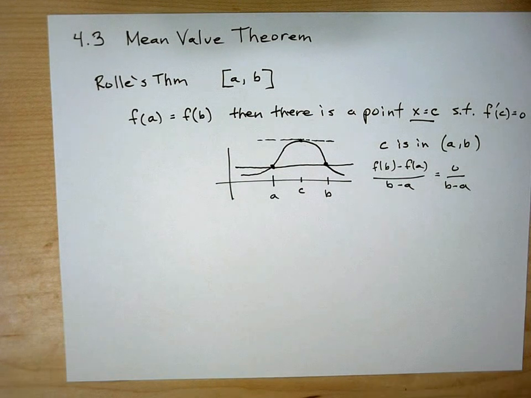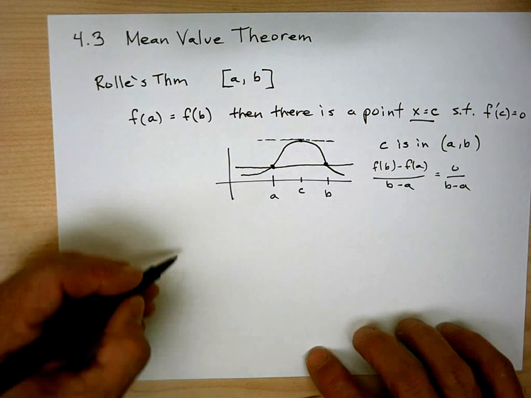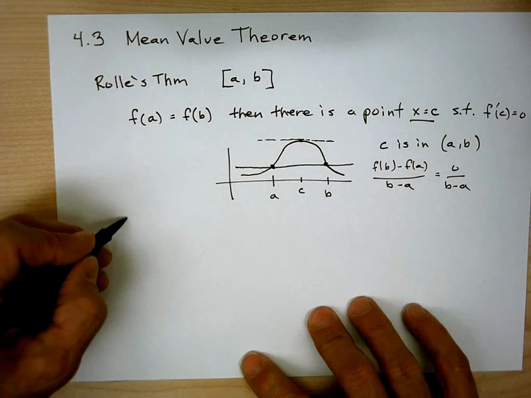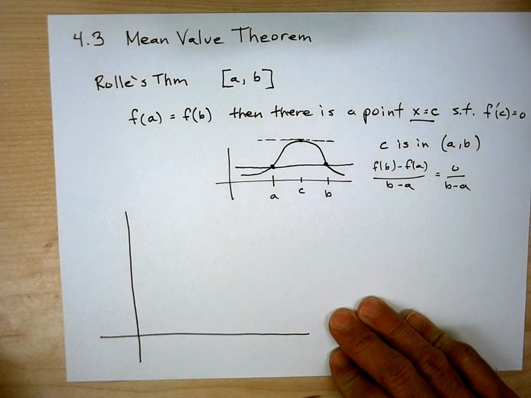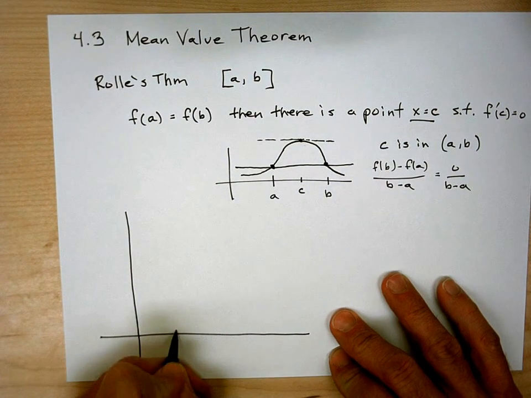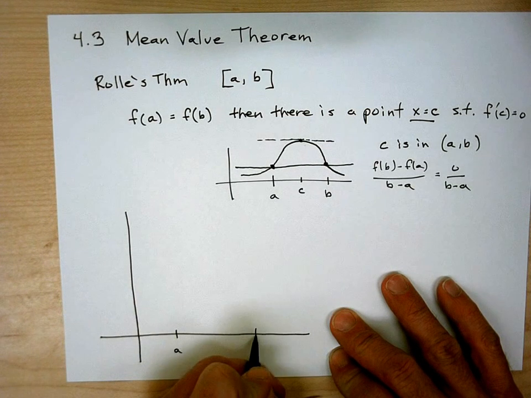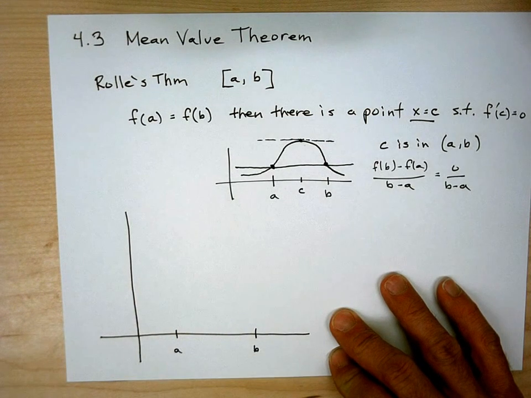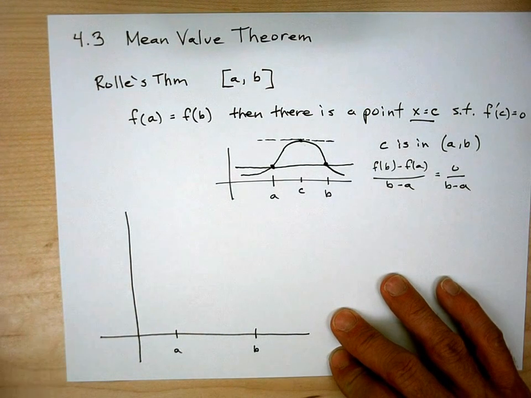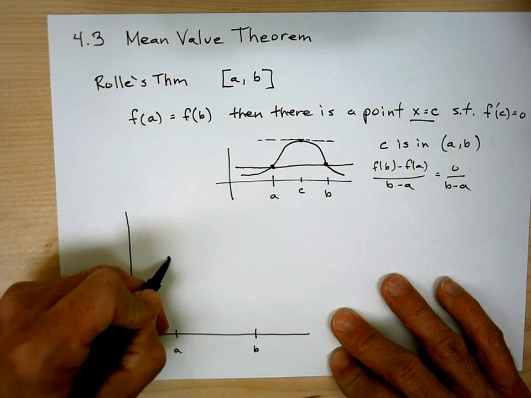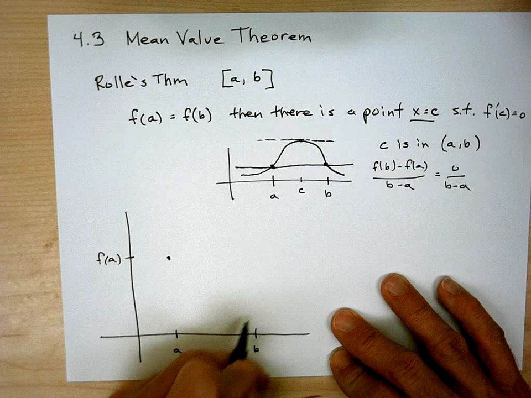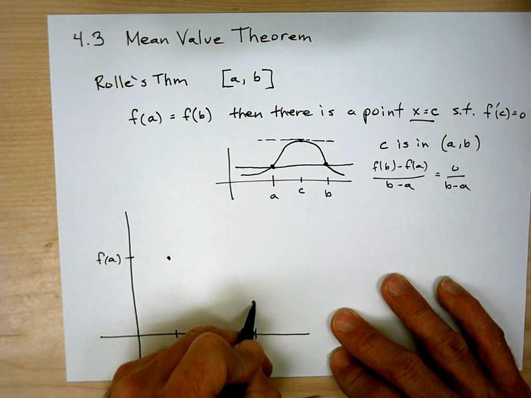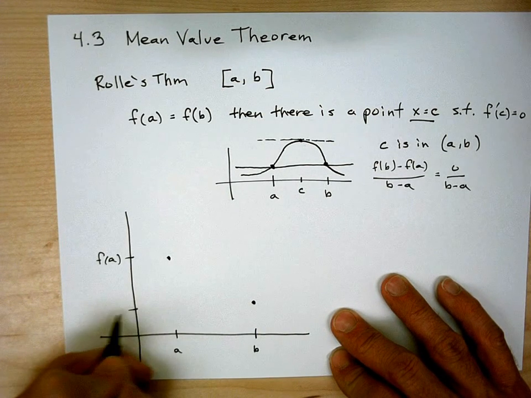Another way to think of this, let me just draw a different picture here and then we'll talk about it a little bit. Let's say I have a point A and I have another point on the x-axis, B. Let's say here's f of A here, and let's put f of B down here.